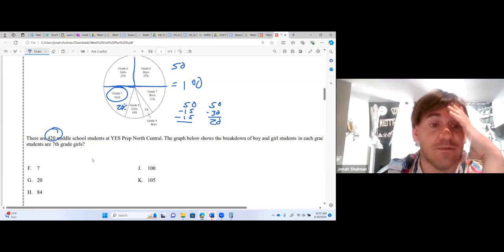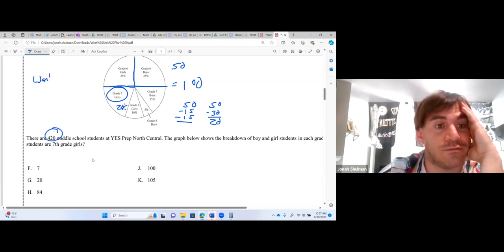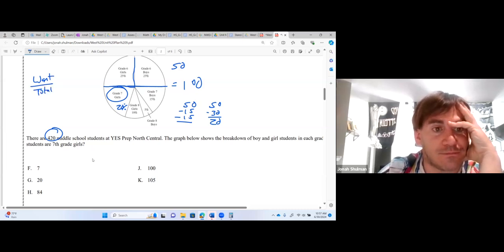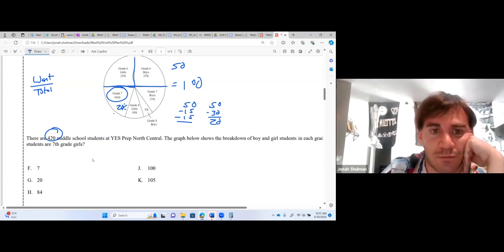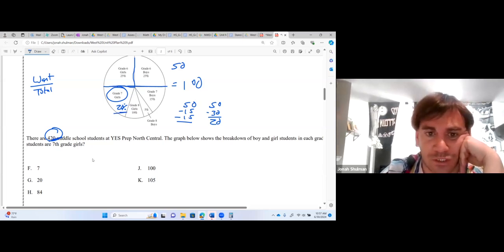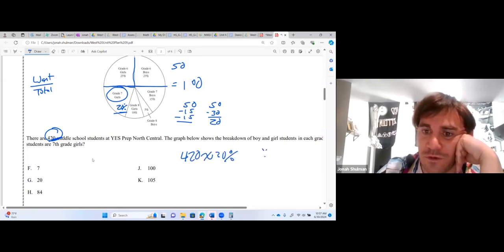Now there's 420 of them, so it's always what you want over the total. We can put this over 100 and cross multiply, but it's just 20% of 420. So you could just do 420 times 20%. Isn't that so nice? Because we're dividing by 100, it's 0.20. 2 times 2 is 4, 2 times 4 is 8.